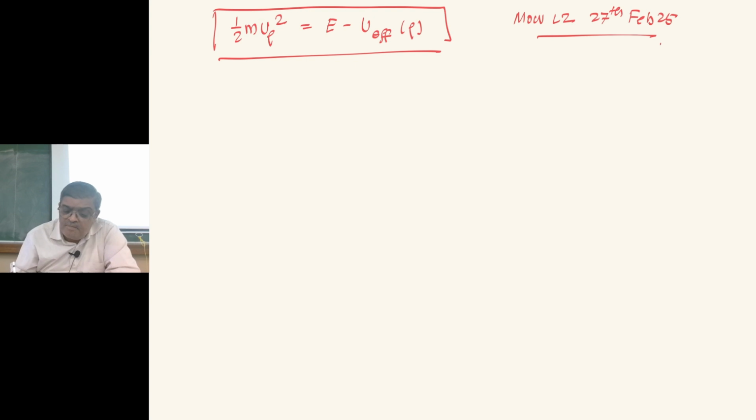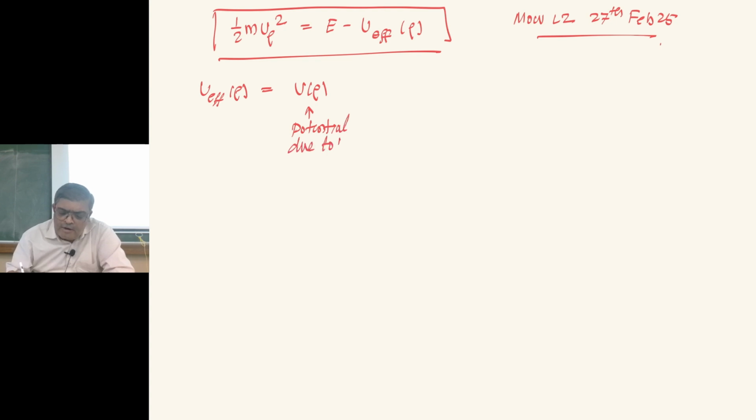All right. So we have this equation, and U effective of rho was defined as U of rho, which is the potential due to the central force.